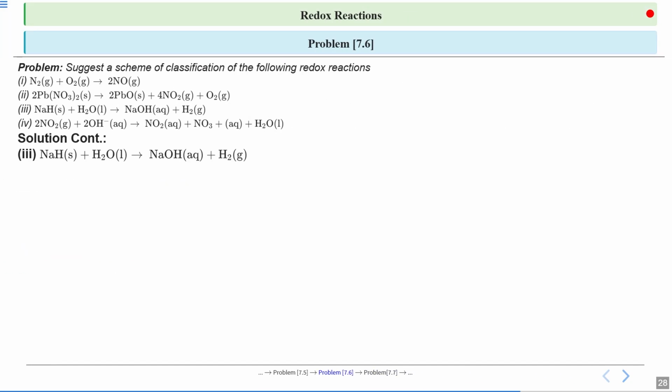In the third reaction, sodium hydride is reacting with water, forming sodium hydroxide plus H2. Now, sodium hydride is an ionic compound, that means it would be Na plus H negative.